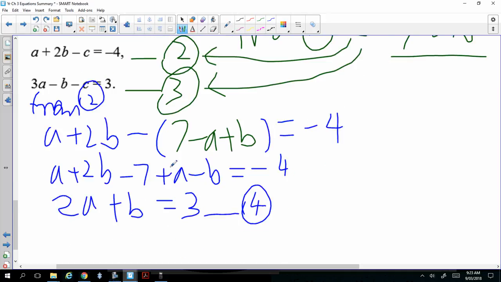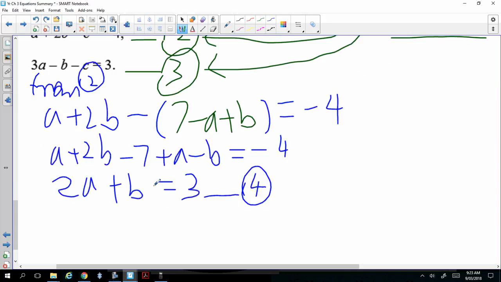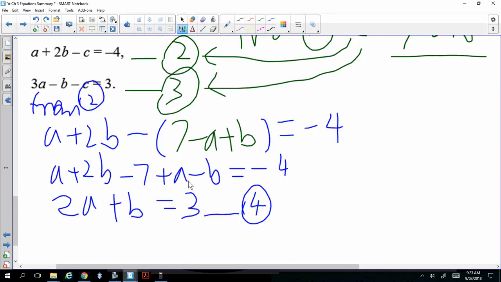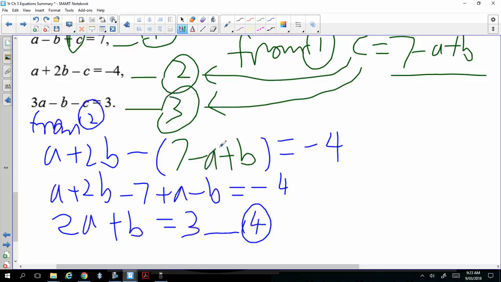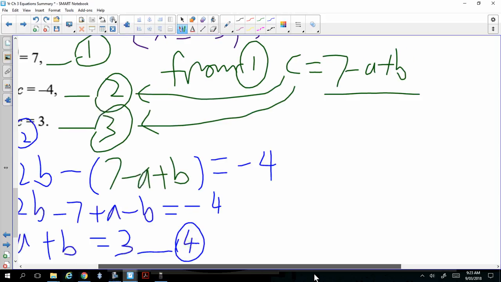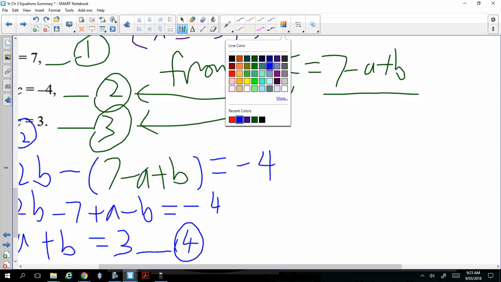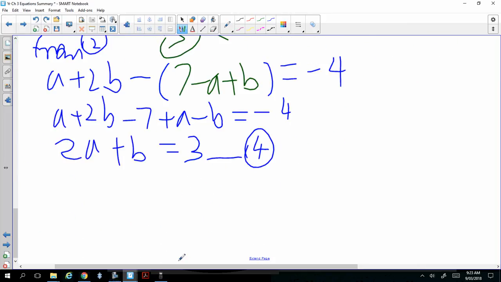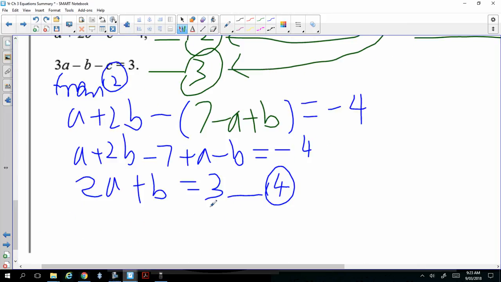So you have to go from 3. Actually, I'll do it on the left. There should be space. So from equation 3, you will get 3A minus B. And where you see the C, you do the same thing. Replace it by 7 minus A plus B equal to negative 4, right?